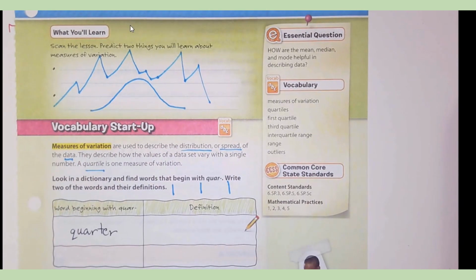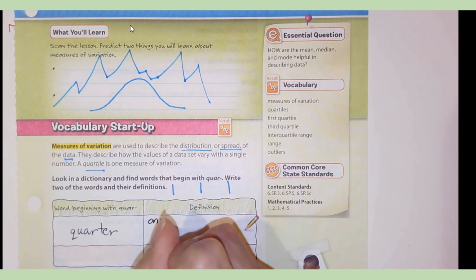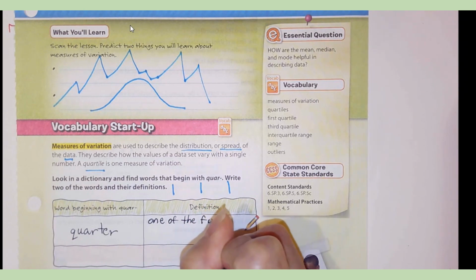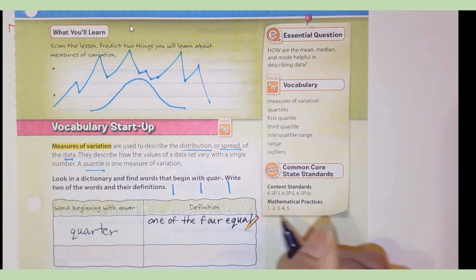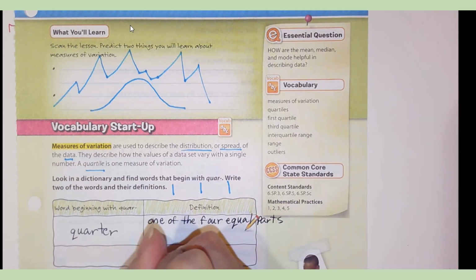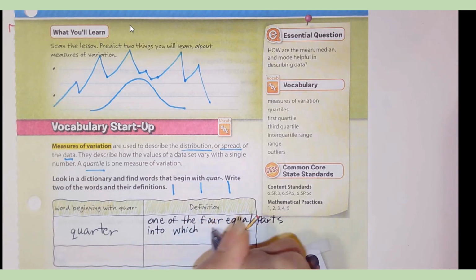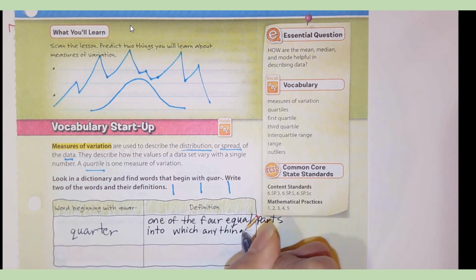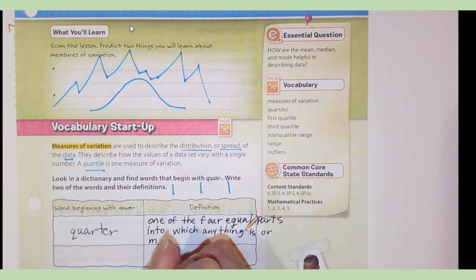So the definition for a quarter is one of the 4 equal parts into which anything is or may be divided.